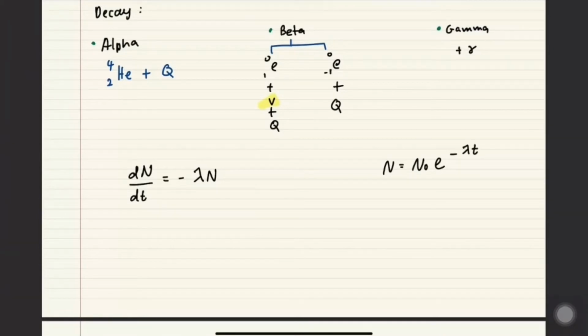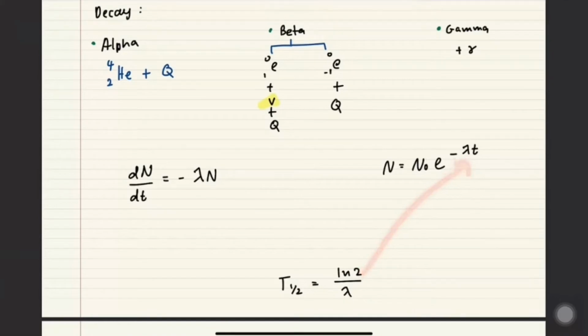Remember that lambda is ln 2 over half-life, because t half equals ln 2 over lambda. If I rearrange lambda, it becomes ln 2 over t half.